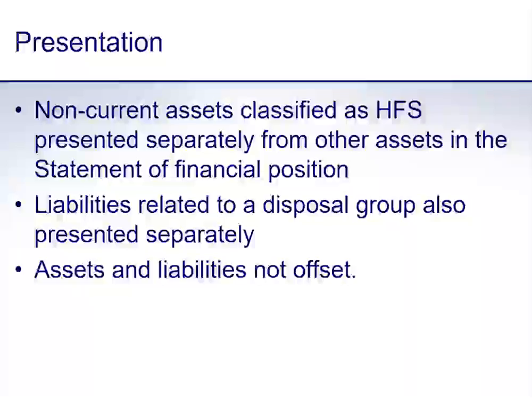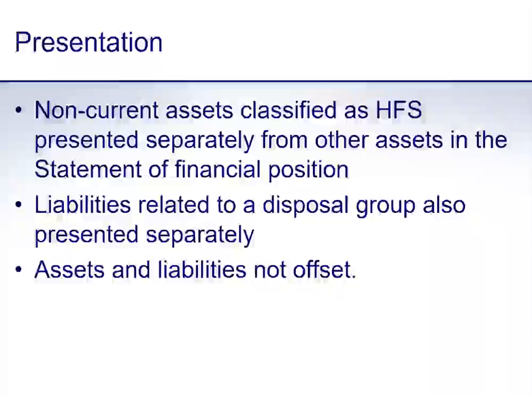We might have investment properties. We might have long-term investments shown as non-current assets. Current assets, you'll have your debtors, your cash, inventories sitting under current assets. And then there'll be a third classification, which will be your non-current assets classified as held for sale.